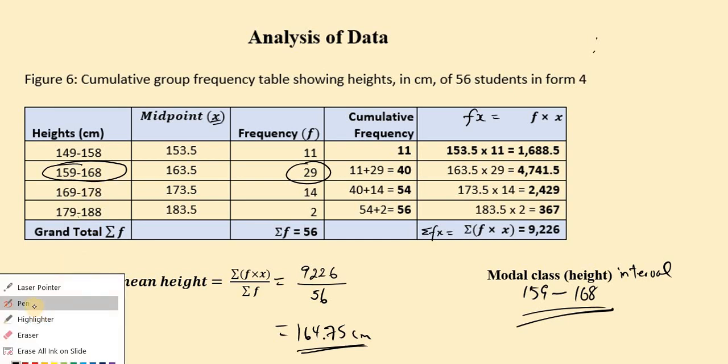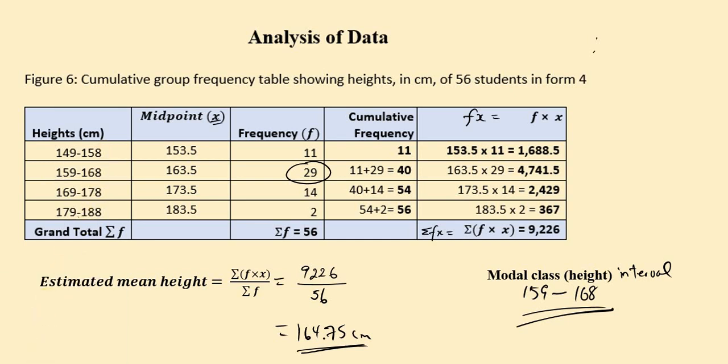Well, simply what we did here is that we take this value, which is the upper limit, and the lower limit of the next class interval, add them, then divide by 2, and we get 158.5. So the upper boundary for this class interval is 158.5.